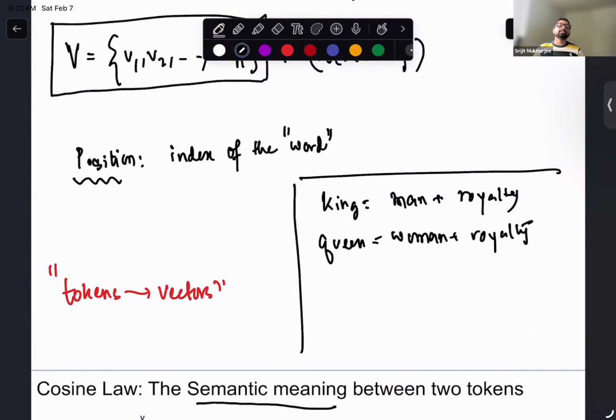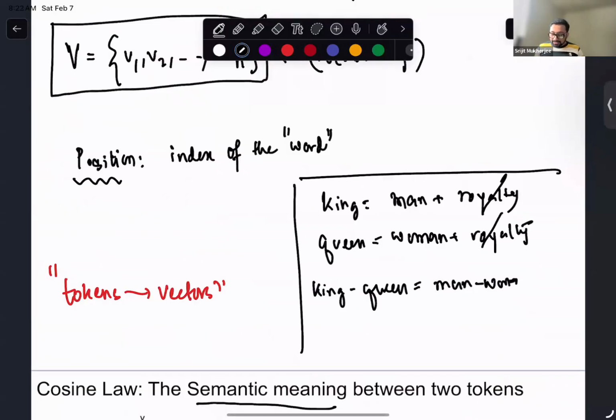This is in terms of vectors, guys. So when you do king minus queen, you naturally delete the royalty from them. So you get man minus woman. This is the ideal case that will happen when these vector representations are semantic in nature.